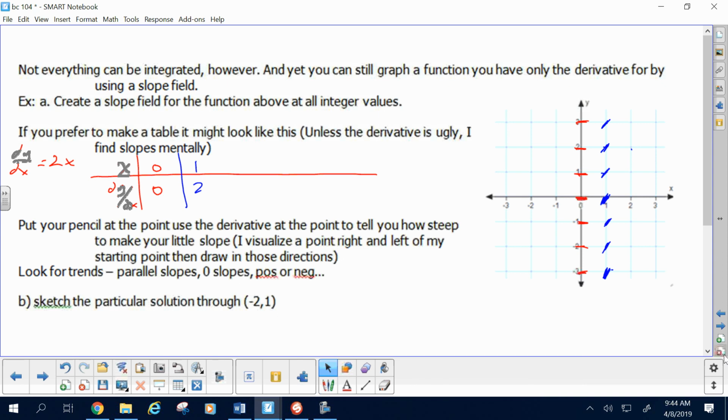Say we then went to x of 2. What's the slope at any point where x equals 2? 4. The slope's got to be 4. So if I start here and try and do a slope, it's up 1, 2, 3, 4 over 1. I'm going to try and point in that direction. So that surely should look steeper than the ones next to it.